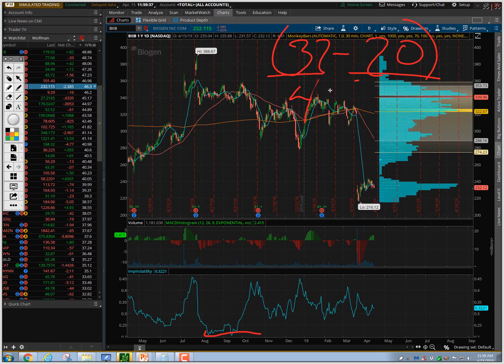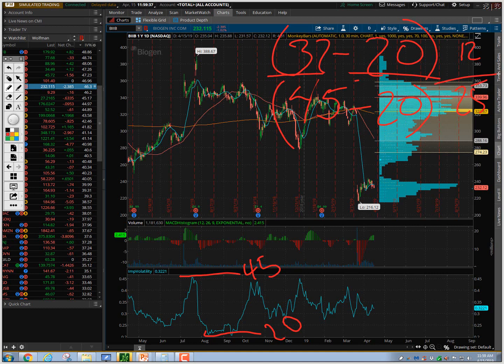So 45 minus the 20 in the denominator, right? So numerator, where it's currently at, 32, minus the low of 20, and divide that by the high, which is 45, minus the low of 20. All right, so we have in the numerator 12 divided by 25.